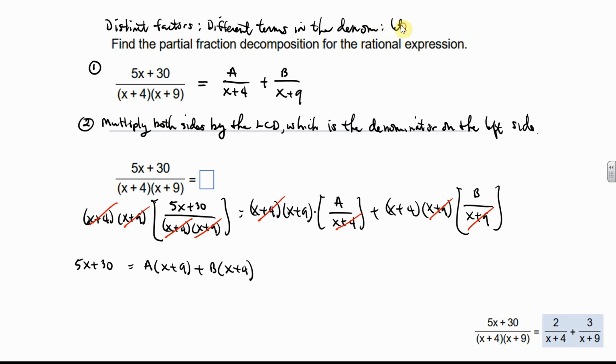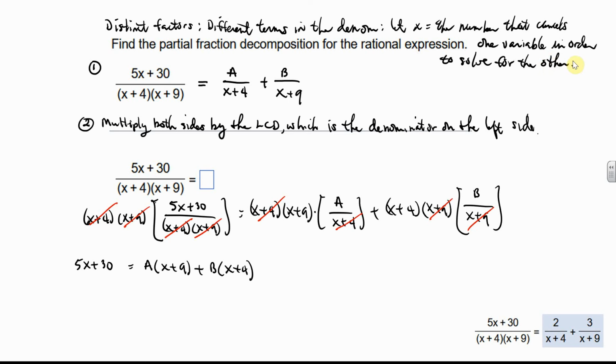So let x equal the number that cancels one variable in order to solve for the other.